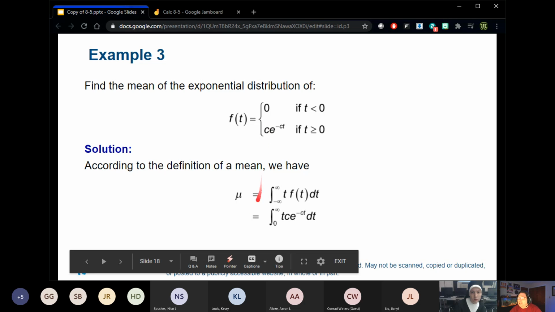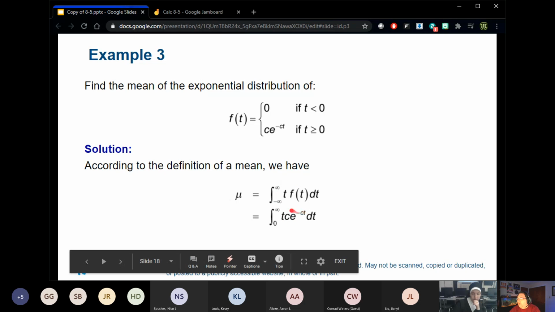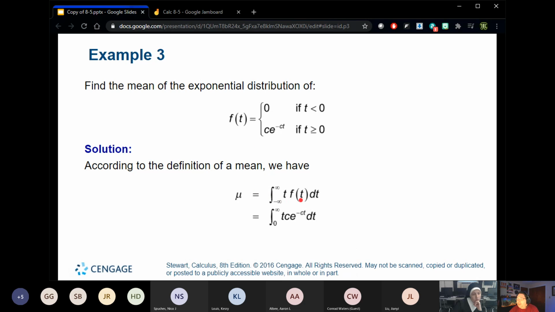Because we're not going to know what C is, but a lot of times we will know what the mean is. So my mean is going to be the integral of t times c e to the negative ct. Remember, it's just t times f of t.